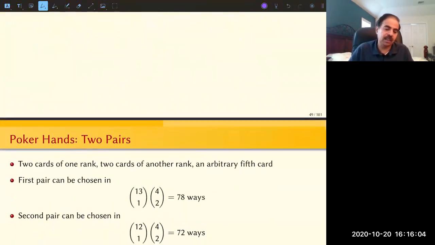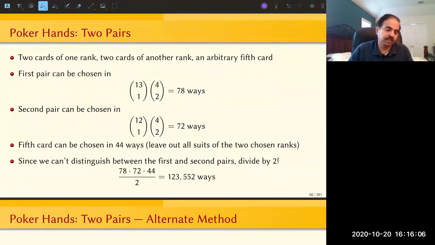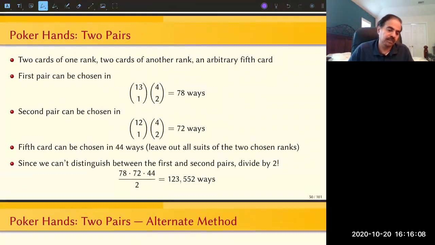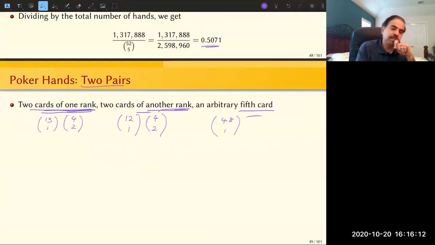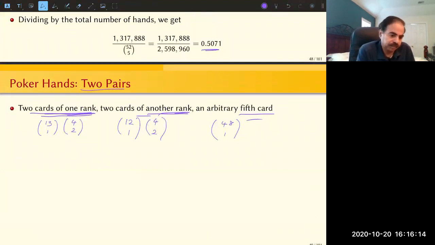Okay, so the difficulty is with the fifth card you choose, right?